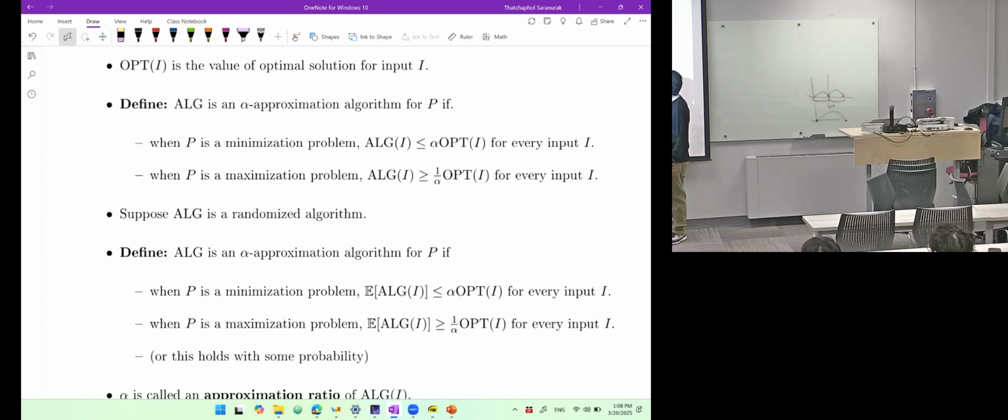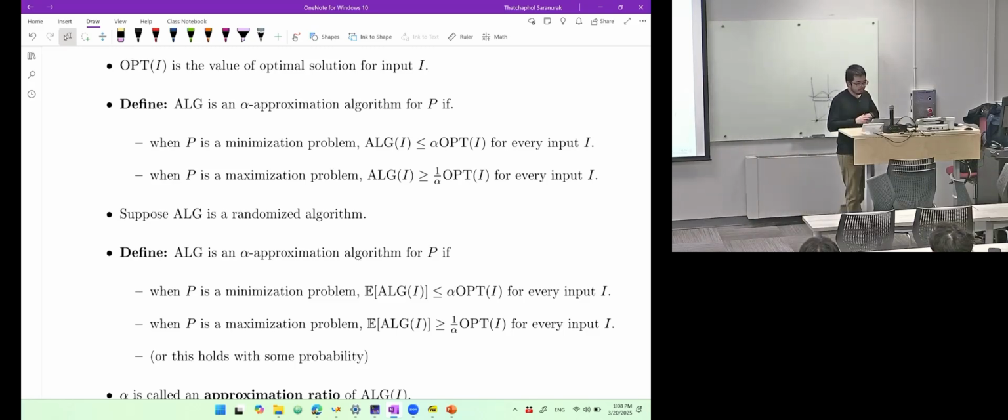You can talk about this concept for randomized algorithms as well, where you just replace the value of the algorithm by the expected value of what the algorithm returns. You can also say that this thing holds with some probability. Just a natural concept.